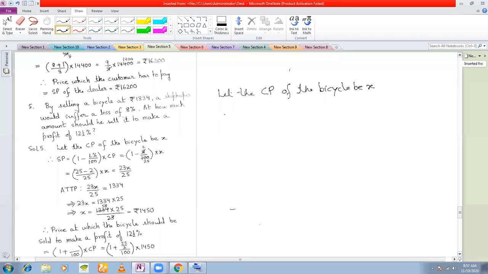Now if he's selling it at 1334, he would suffer a loss of 8%. So what should be his selling price if he suffers a loss of 8%? What should be his selling price? 1 minus loss percent by 100 into cost price.